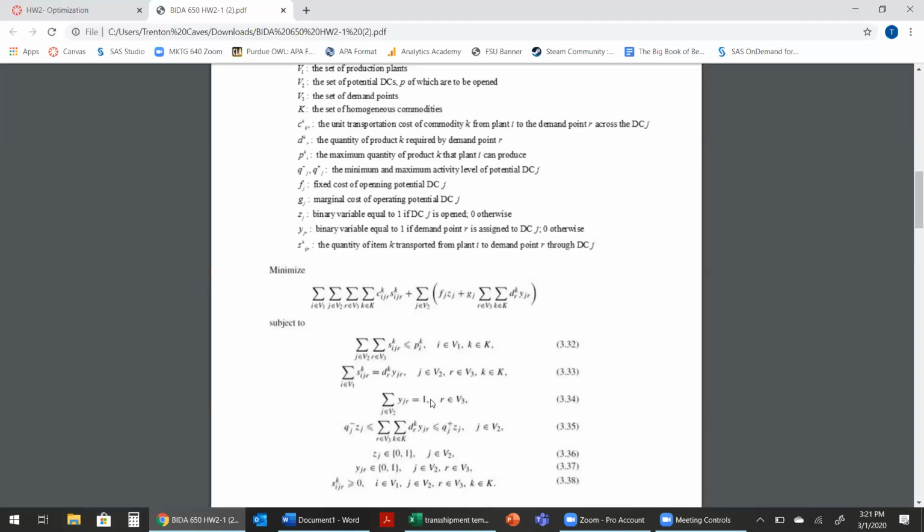Now, that doesn't mean that a single distribution center can't supply multiple demand points, but every demand point can only receive its supply from a single distribution center.